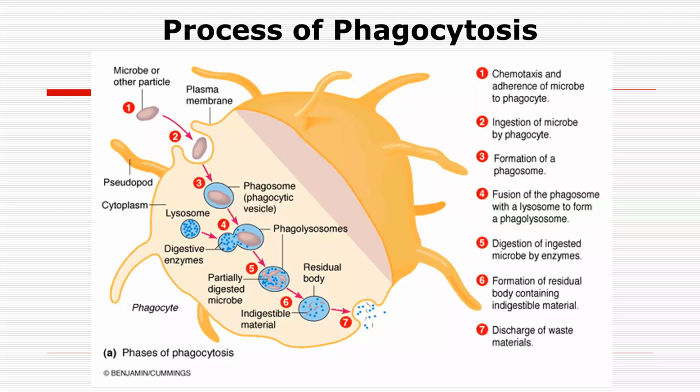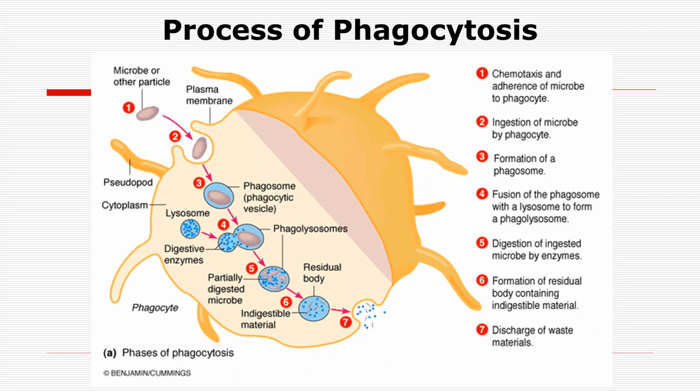Now, when that phagosome is formed, where now the pathogen has been encircled, then there is a fusion of the phagosome with the lysosome. Now, within the lysosome, there are actually chemicals which are very dangerous for the pathogen, that they're able to cause digestion.